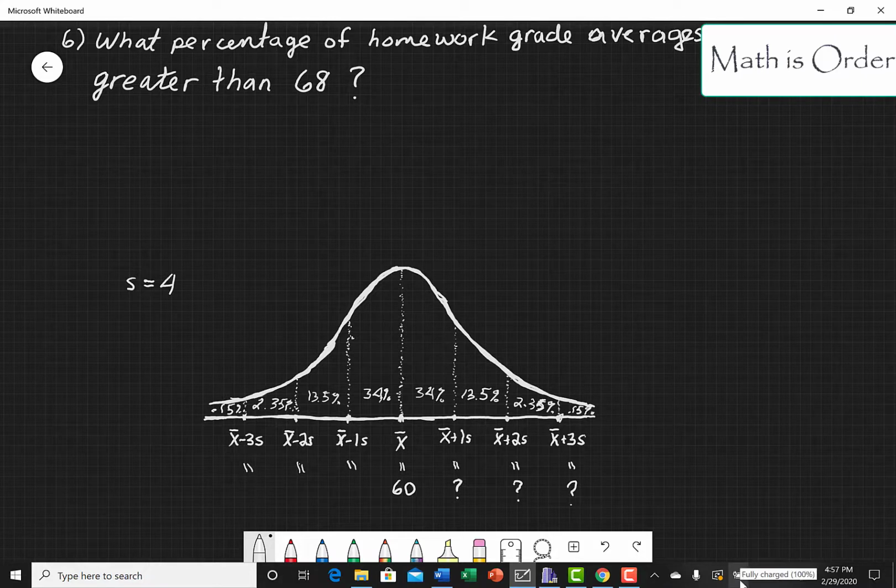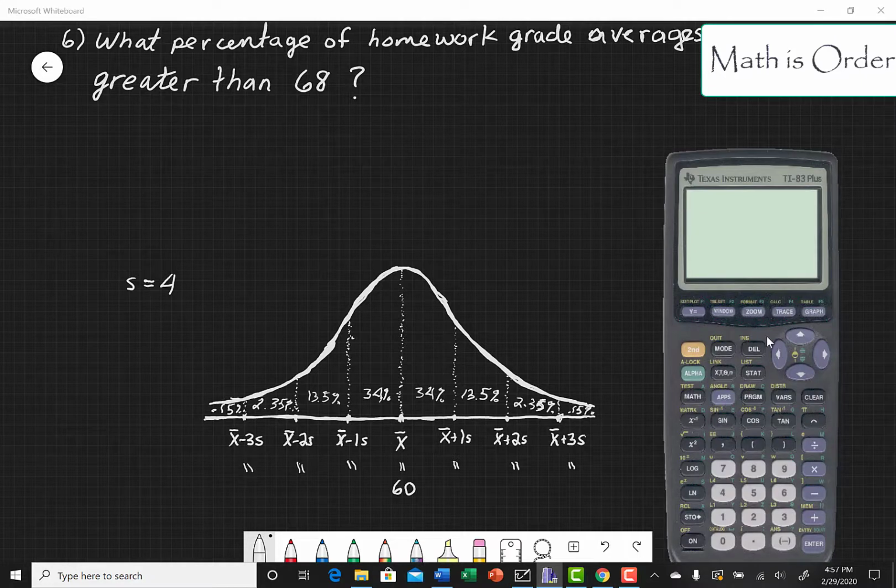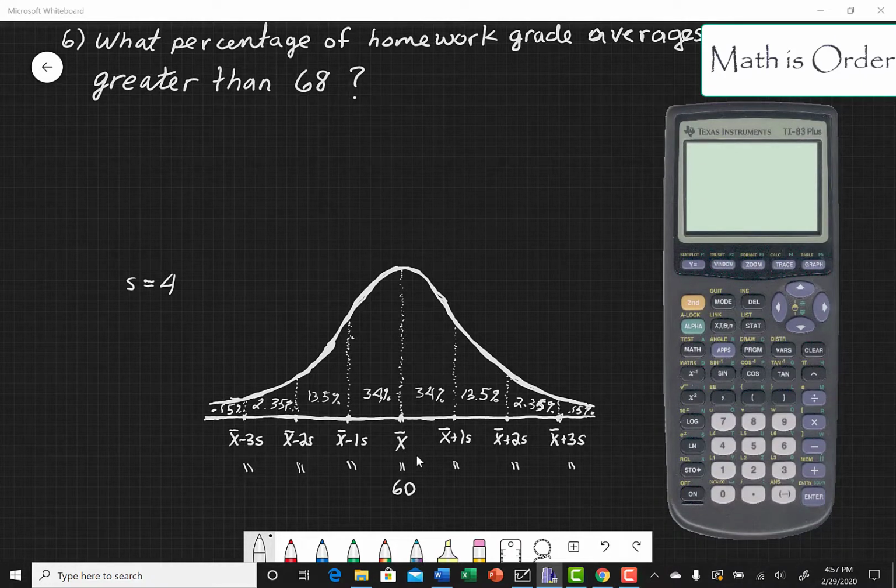The way to do that is to pull out the calculator and go really fast. X bar plus 1S means I'm adding 60, which is X bar, to S. So that's just going to give us 64.